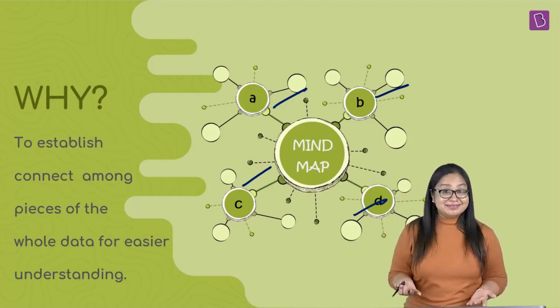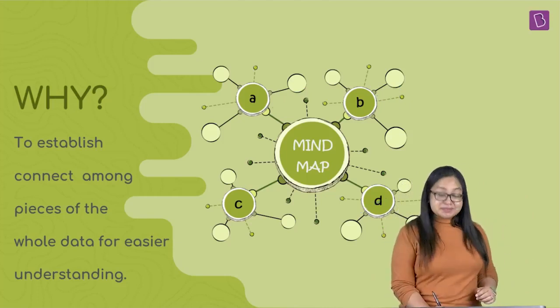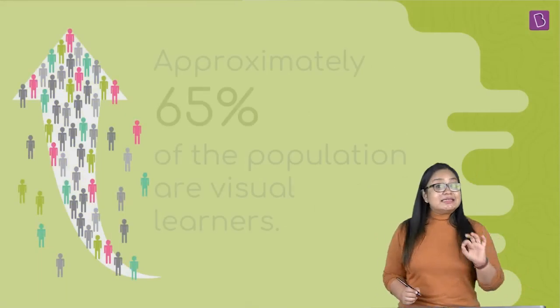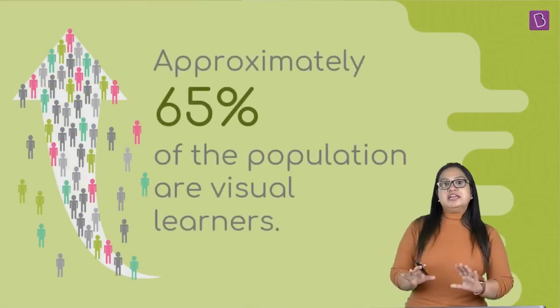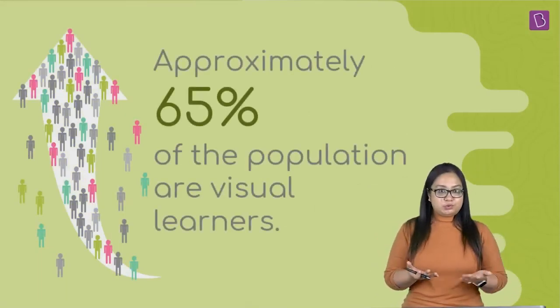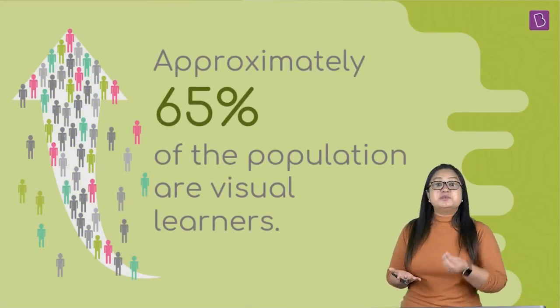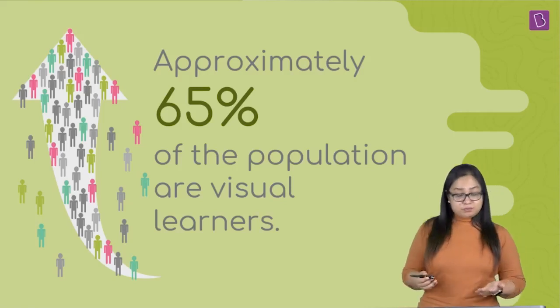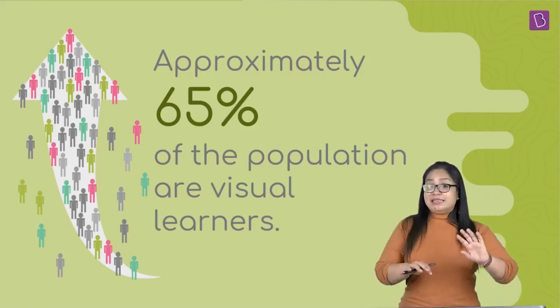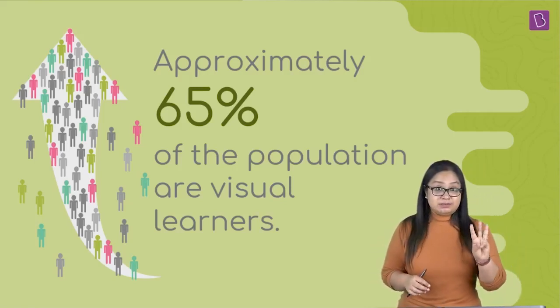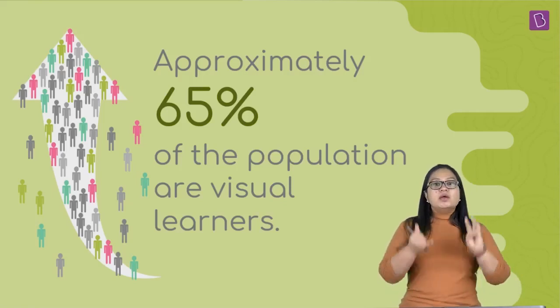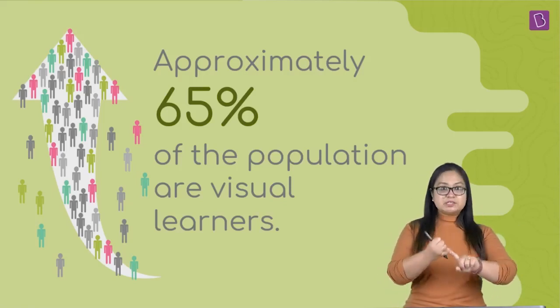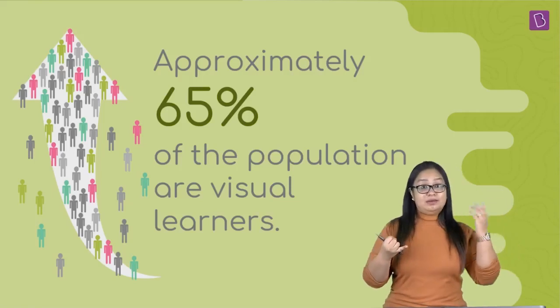Amazing, right? Yes. Now, there is a good amount of scientific research that supports that using mind maps actually helps you revise your subjects quickly and efficiently. So I'll tell you, there are 3 types of learners. What are they? Auditory learners, that is people who learn by listening well, right?